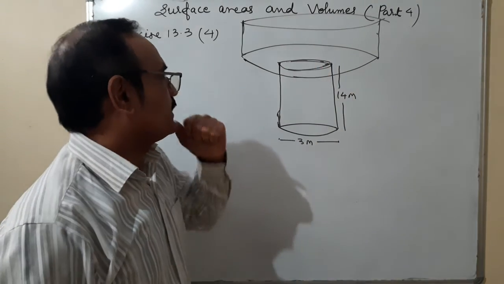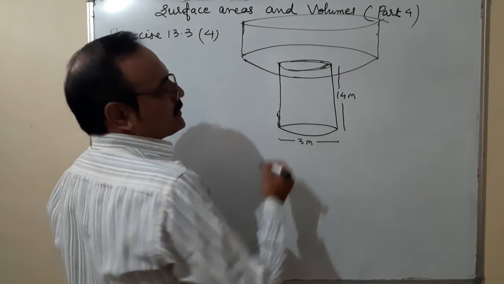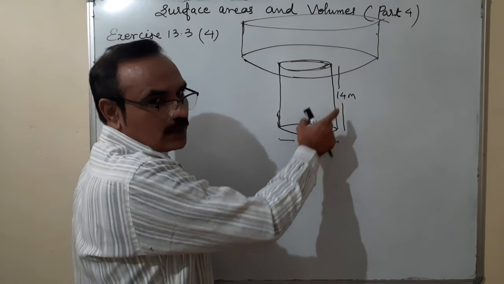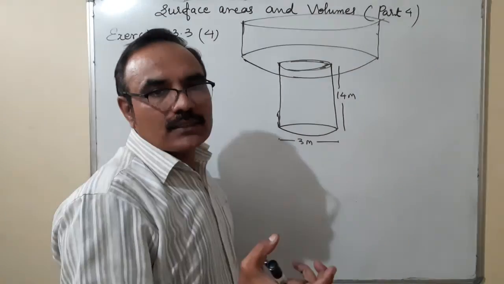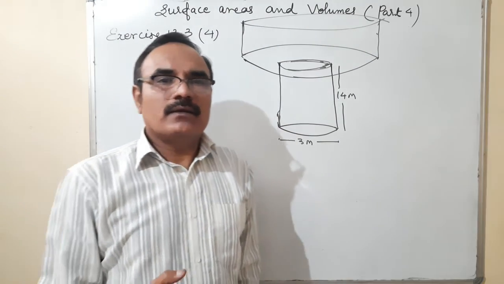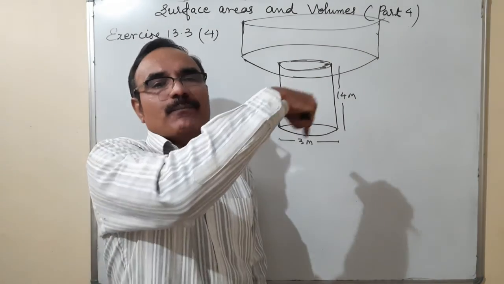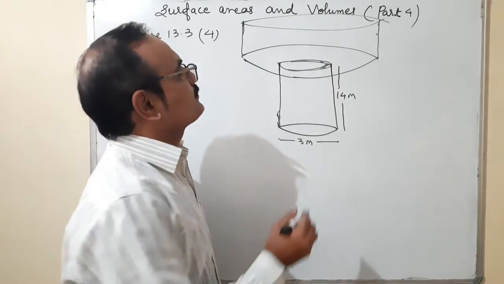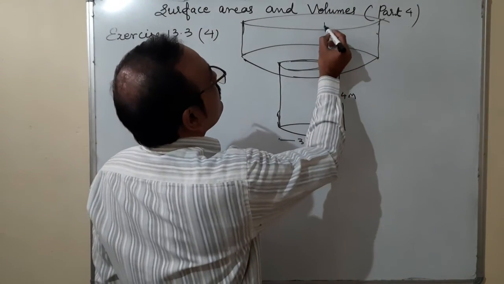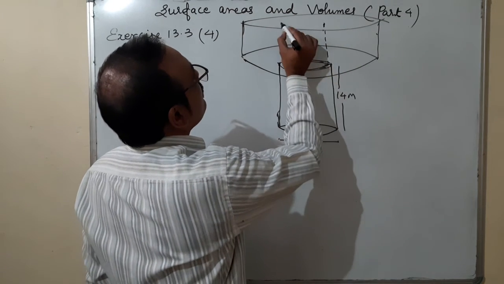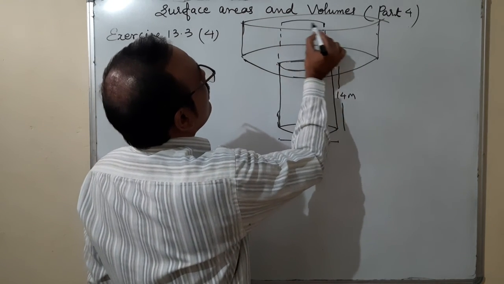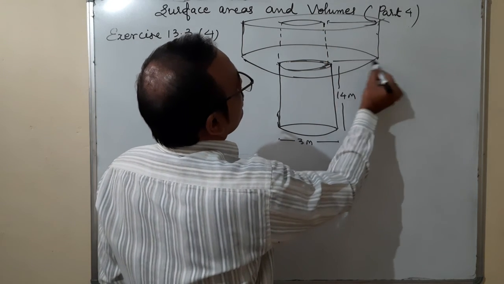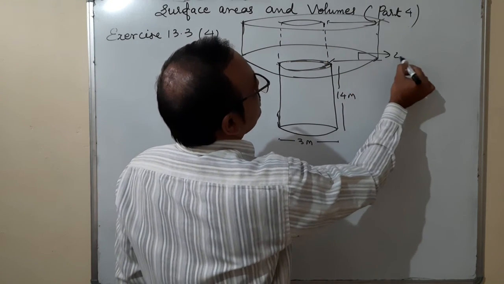So what is the condition? A well of diameter 3 meter is dug 14 meter deep. Earth is taken out from the well and evenly spread to make an embankment, and the width of the embankment is 4 meter. Width of the embankment means this, up to here, it is 4 meter.